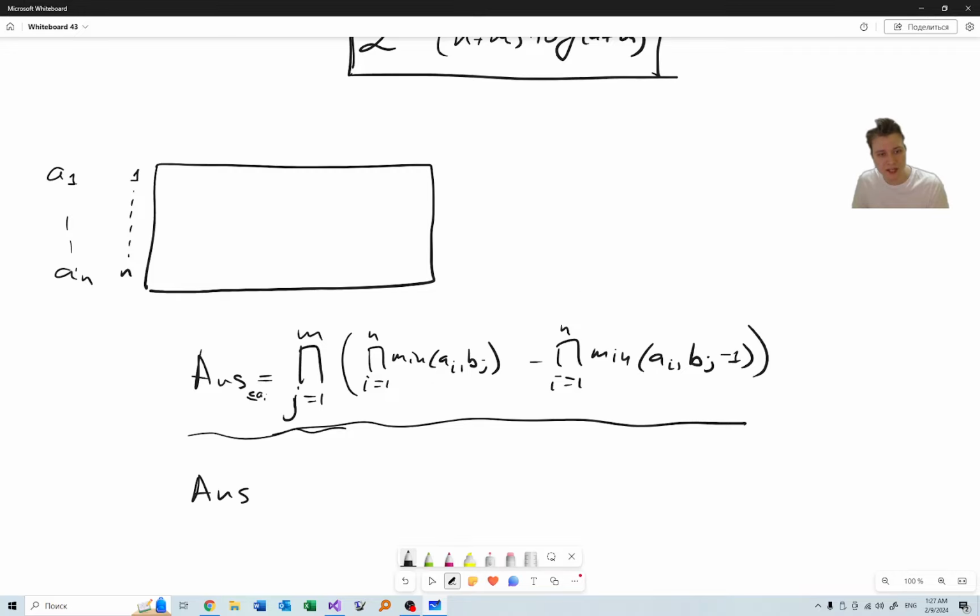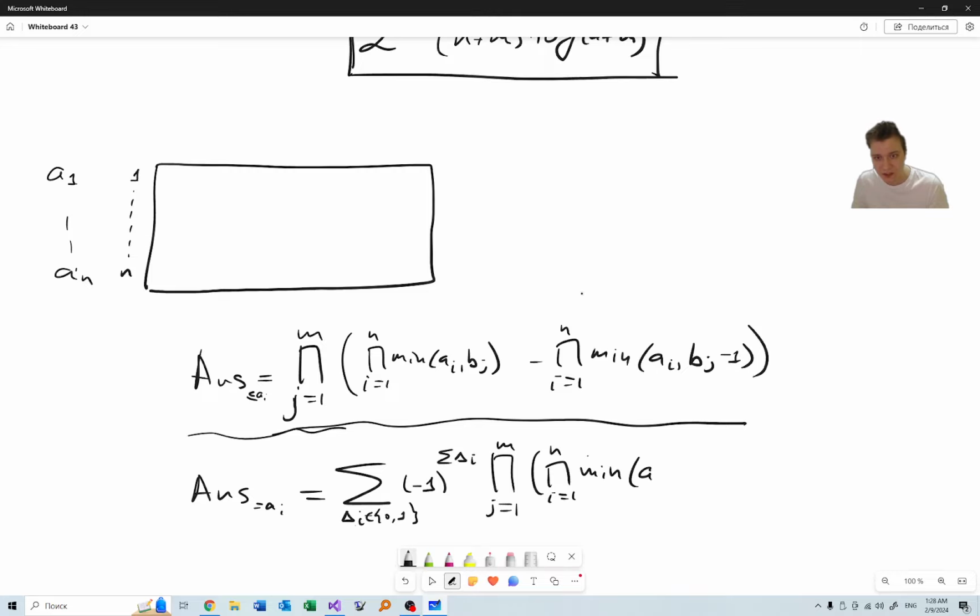But the answer for exactly AI is some sum over delta i in 0, 1 of minus 1 to the power of the sum of deltas times this thing, which is the product from j equals 1 to m of the product of i equals 1 to n of the minimum of ai minus delta i and bj, minus the product of i equals 1 to n of the minimum of ai minus delta i and bj minus 1.